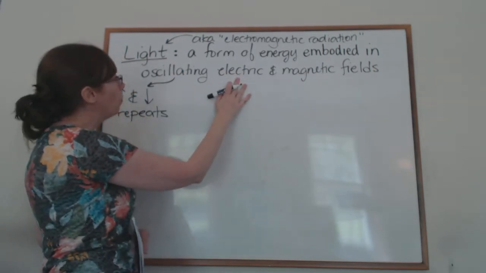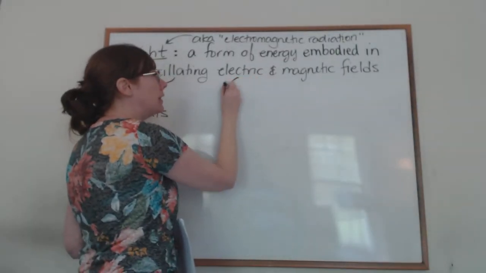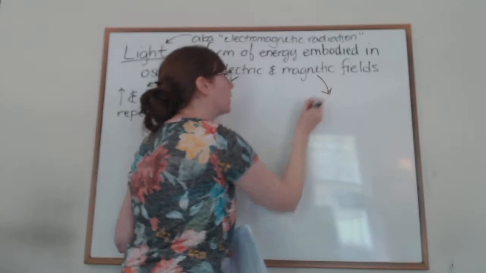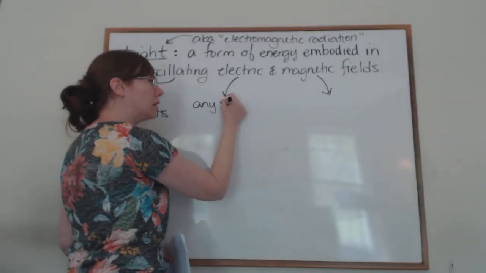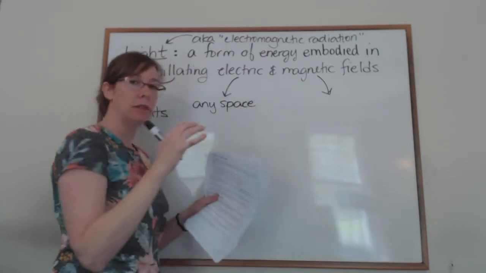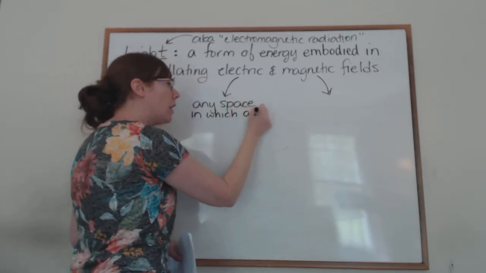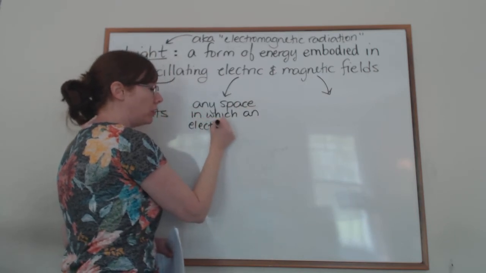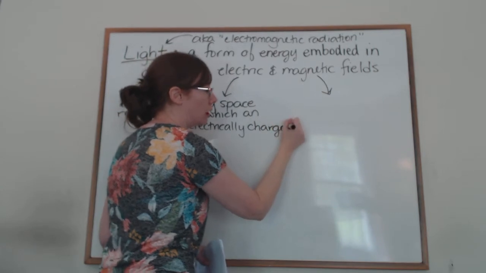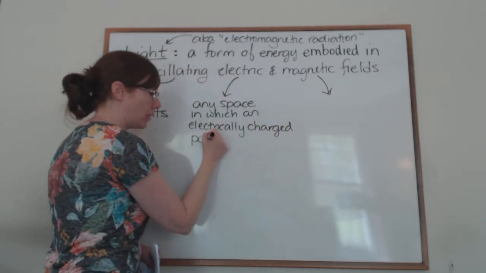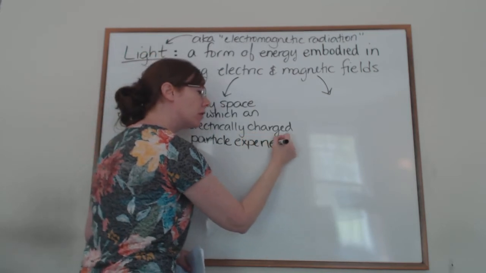And then what is an electric and a magnetic field? Let's go ahead and define these two things as well. An electric field is any space, any area in which an electrically charged particle experiences a force.